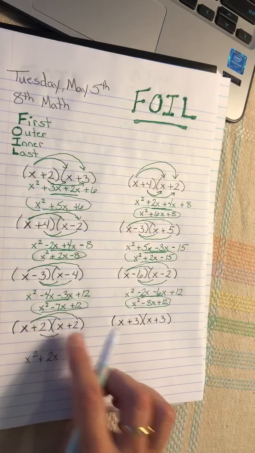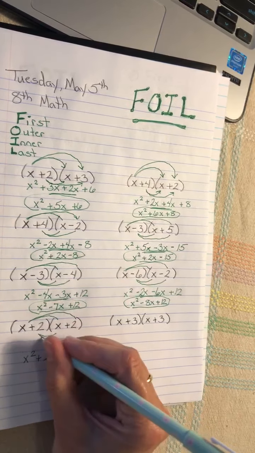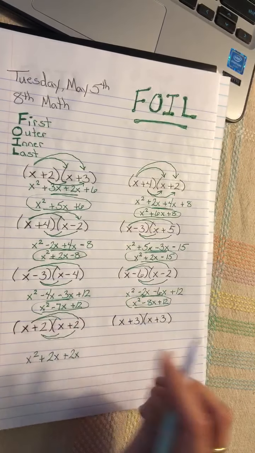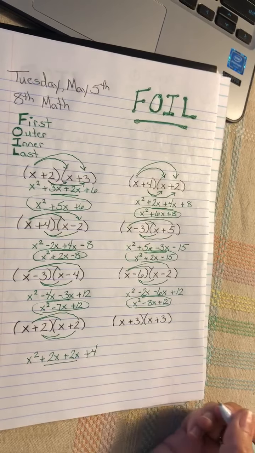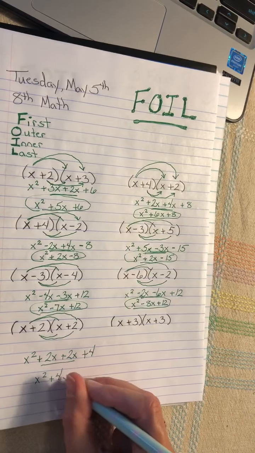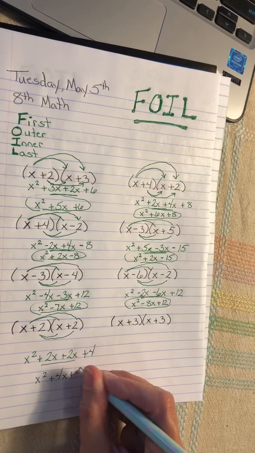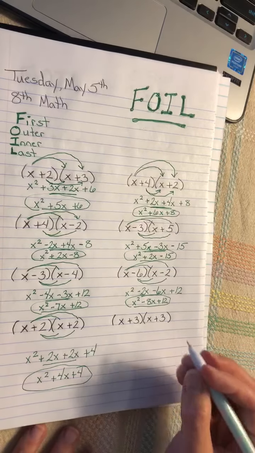Inner, 2 times x, 2x. And last, 2 times 2, 4. Combine like terms: x squared plus 4x plus 4. It's your final answer.